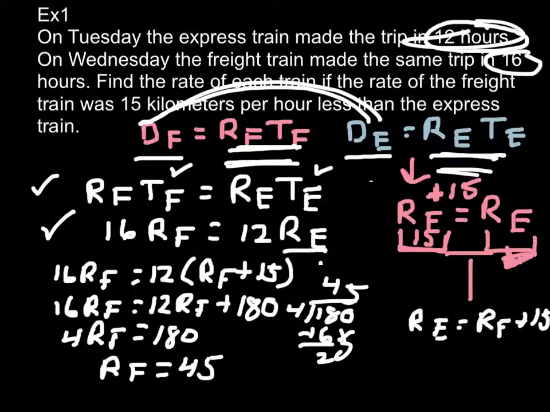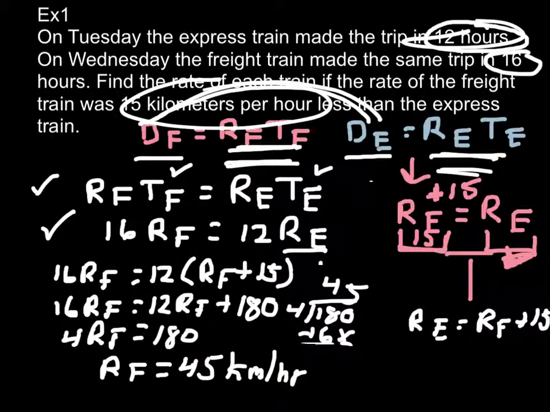And what unit are we talking about here? Kilometers per hour, right? Okay, so I know how fast the freight train was going. Now let's go back to the problem so we can see what else we need to answer. It says find the rate of each train. Now I know that the rate of the freight train was 45, right?